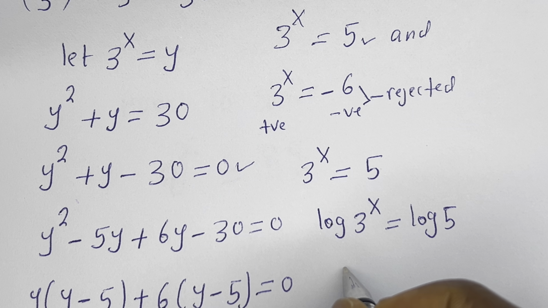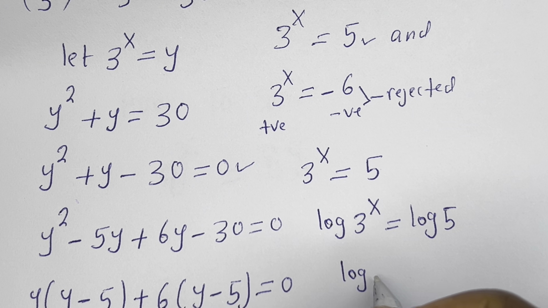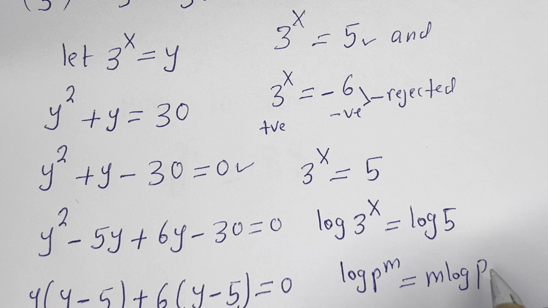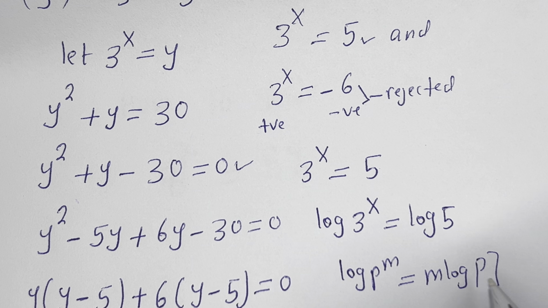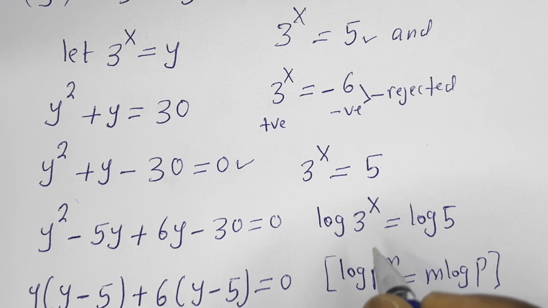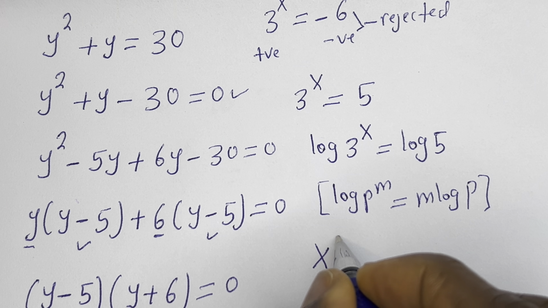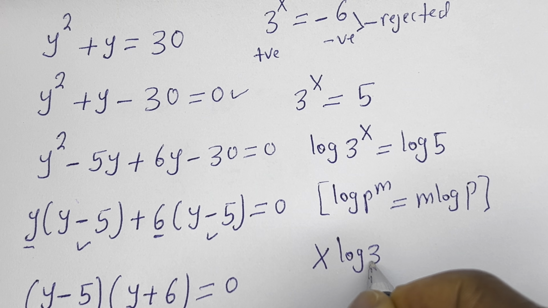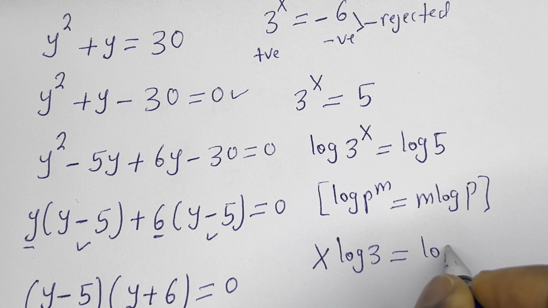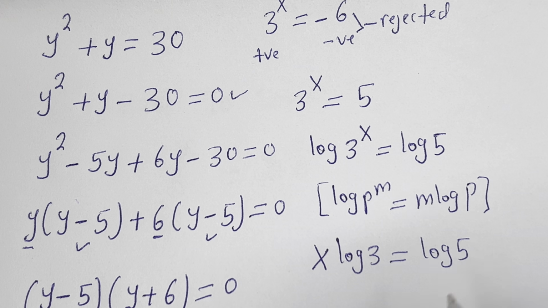Now if you have log p to the power of m is equal to m log p. This can be written as x log 3 is equal to log 5.